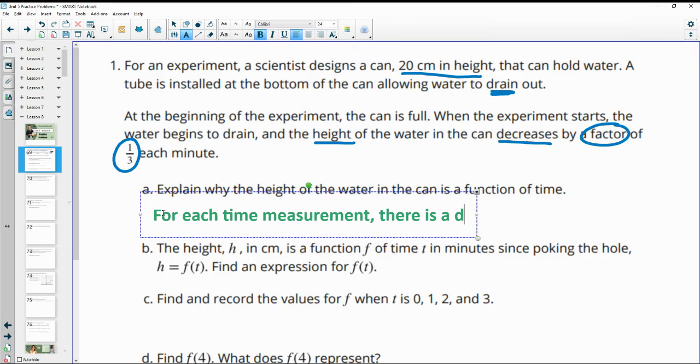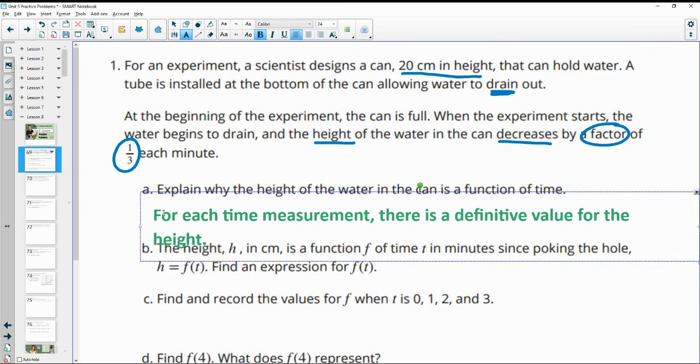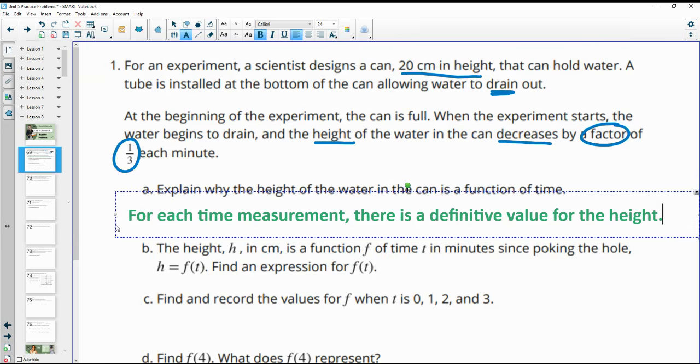There is a definitive value for the height. So meaning if you look at the time at 3 minutes, it's not going to be 10 centimeters and 7 centimeters. So for every minute that you look at, there is a specific height output.